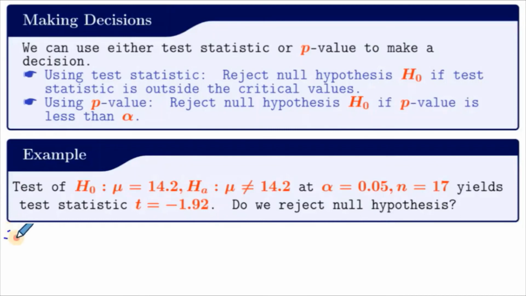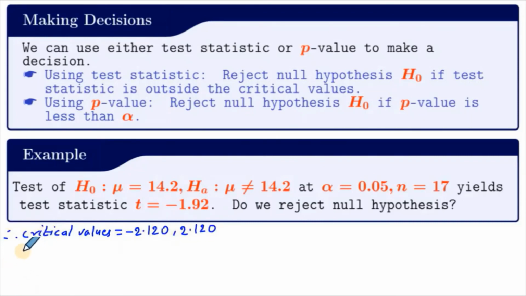So therefore, critical values are negative 2.120 and 2.120.